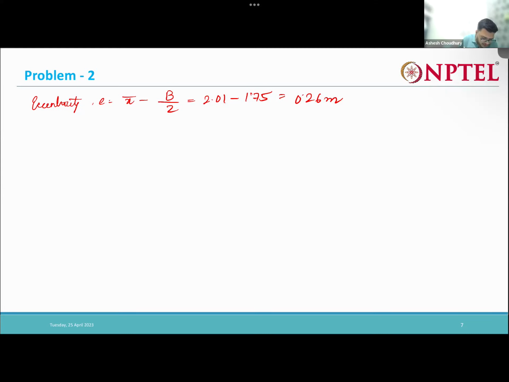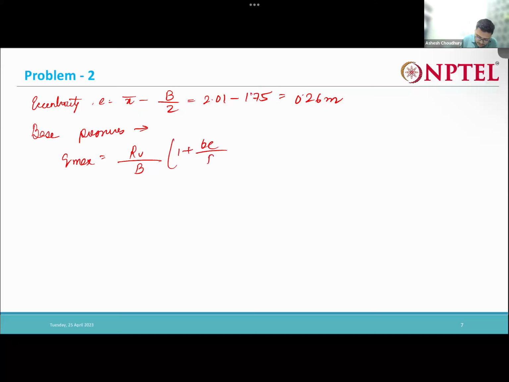Next, we have the maximum and minimum base pressures. So Q max is nothing but V by B times 1 plus 6e by B. So it will give me 340.8.